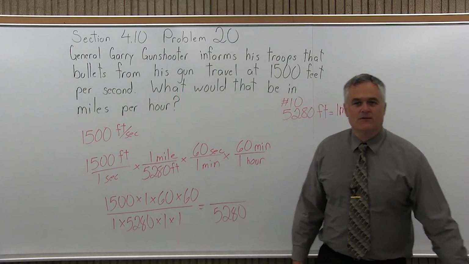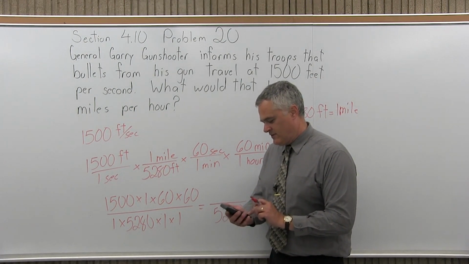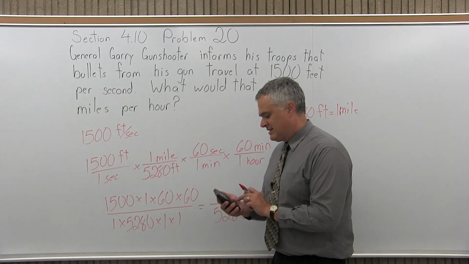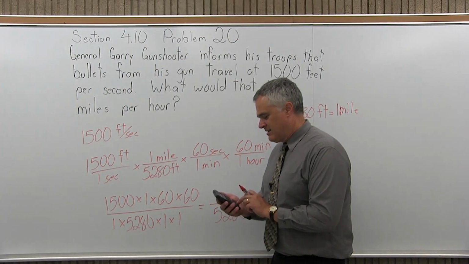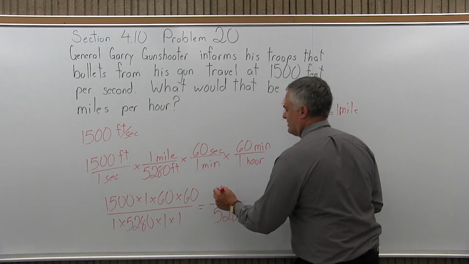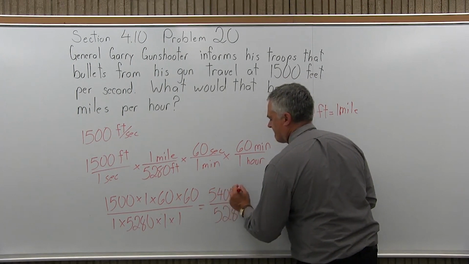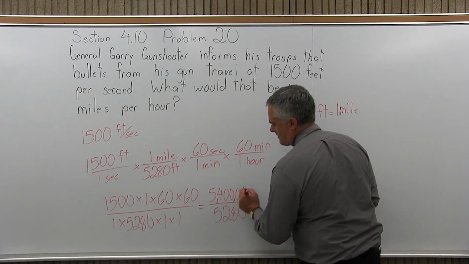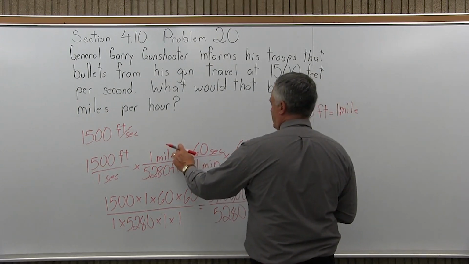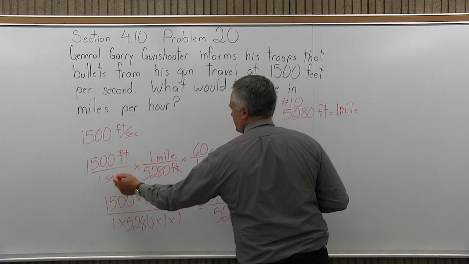The top is a little tougher. Grab a calculator. So clear it. 1,500. I won't even bother to do times 1. I'll just do 1,500 times 60 times 60 again. I have 5,400,000 in the numerator. And again, the numerator will be in miles. The denominator will be in hours after the appropriate measurements cancel.